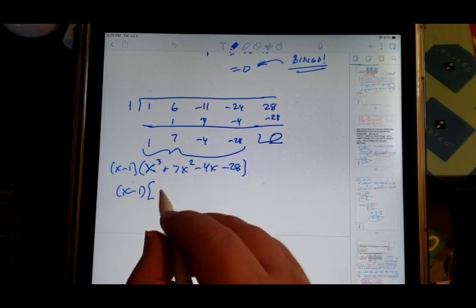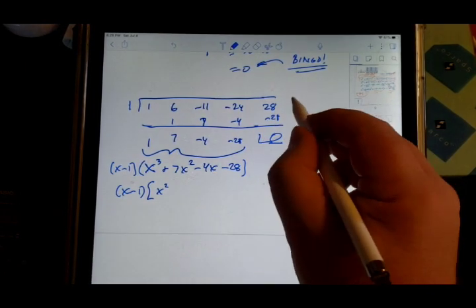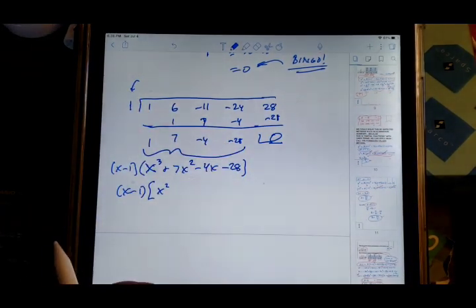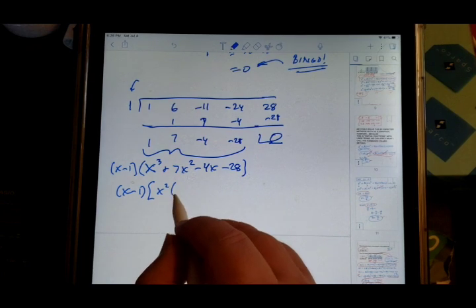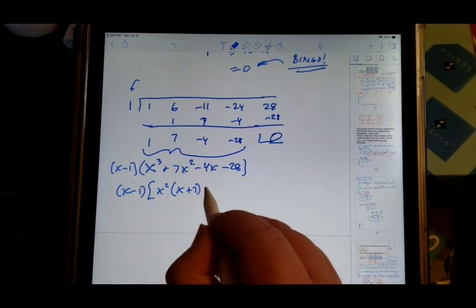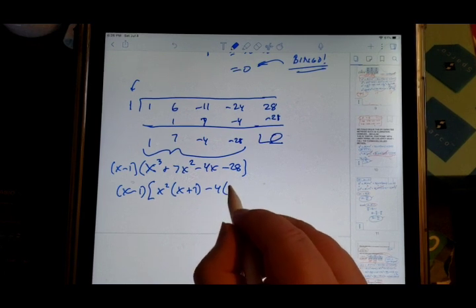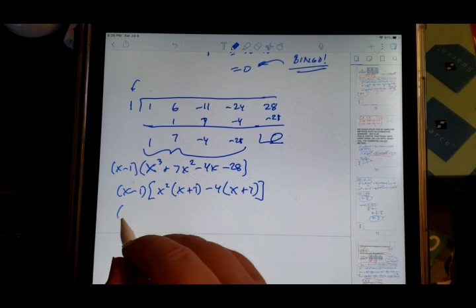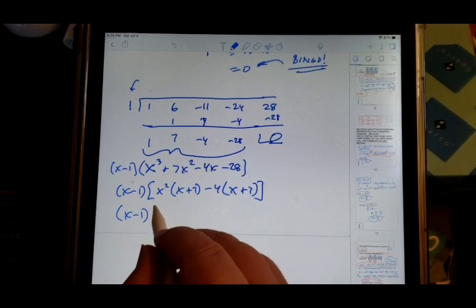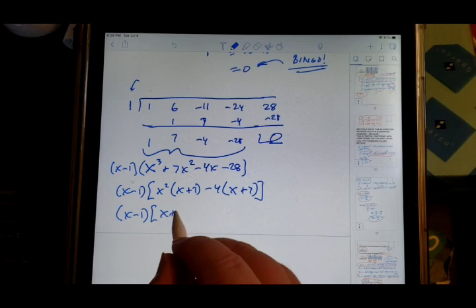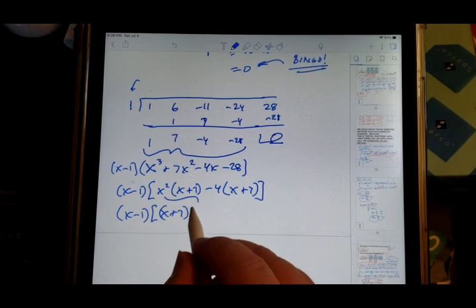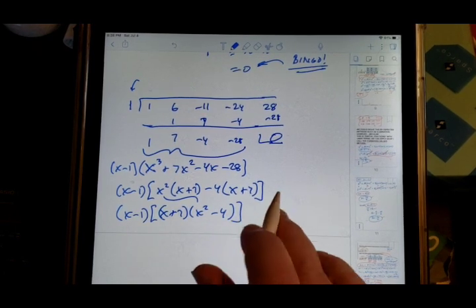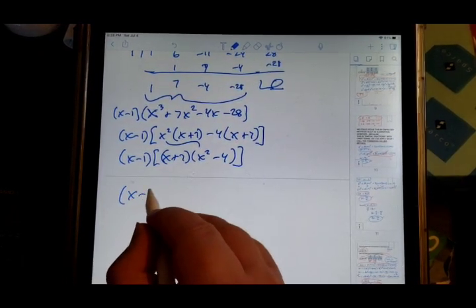But this can be factored not by hunting for factors, but by factoring out x squared, I get x plus 7. This is called factor by grouping, and it's a big player in Algebra 1. I'm going to get x plus 7 times this x squared minus 4, and each of those can factor.